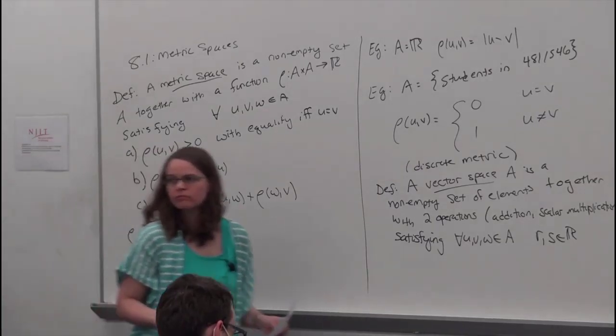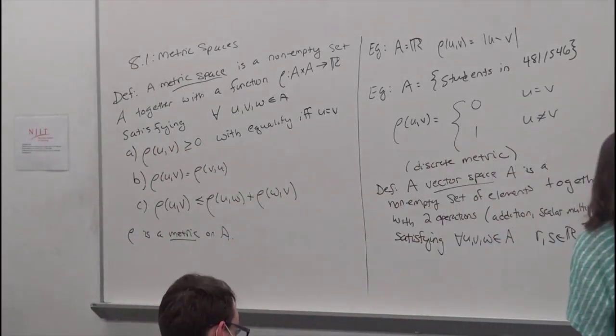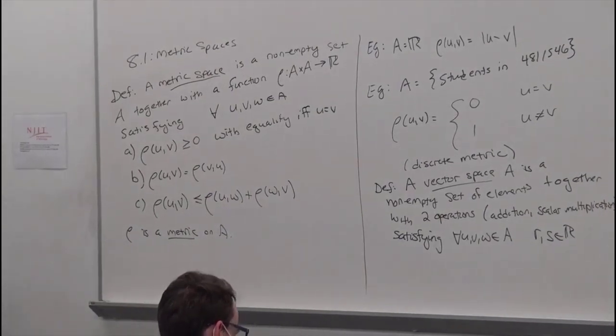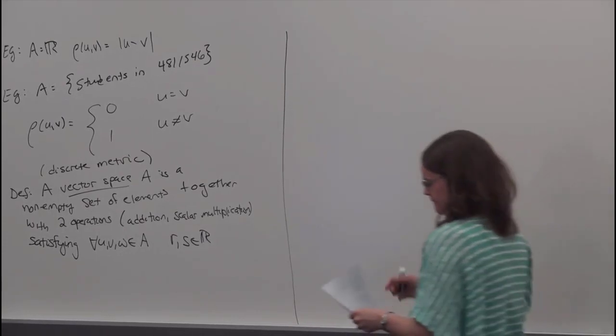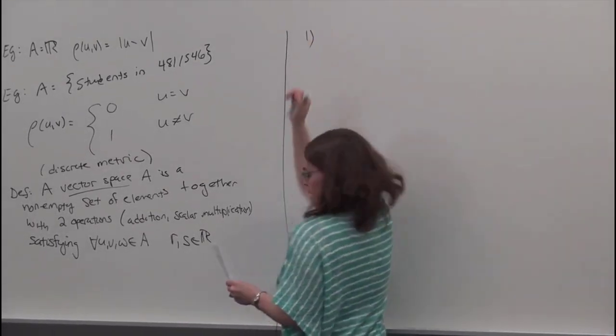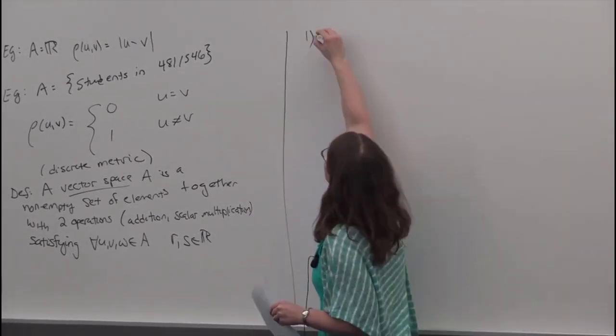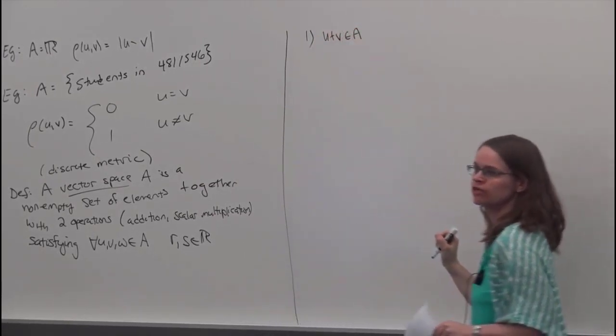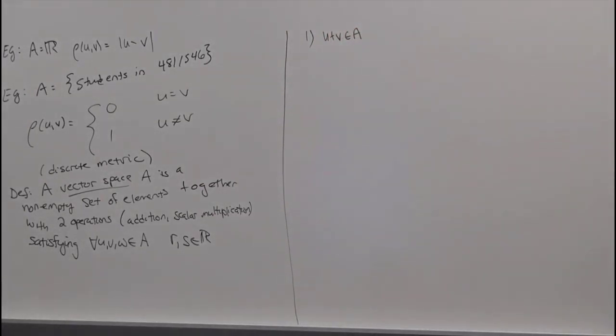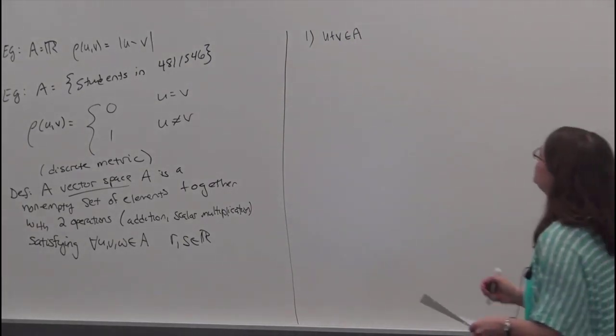I'm going to write these out quickly and not spend a lot of time on this. You've seen vector spaces before, but I just want to quickly remember what this is. One of the biggies is that it's closed under addition. So if I add 2 objects from my vector space, I get another object still in my vector space.